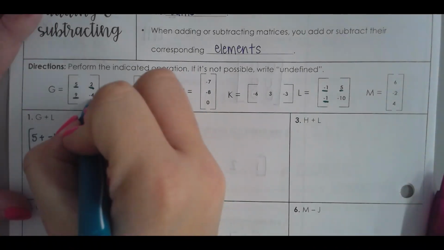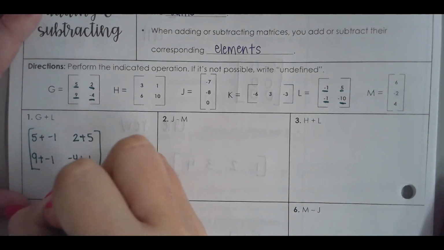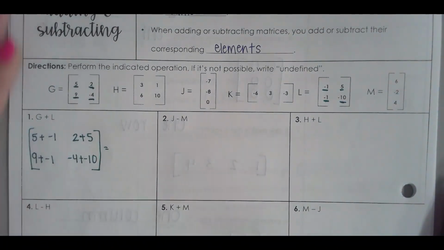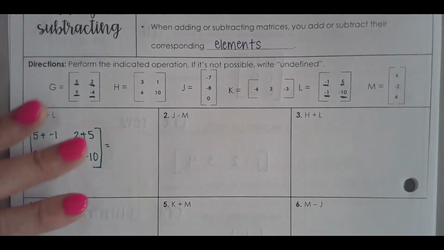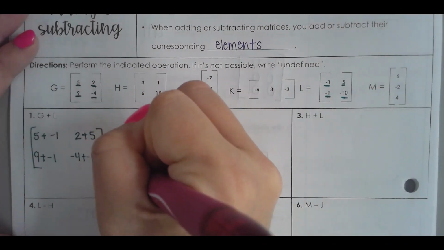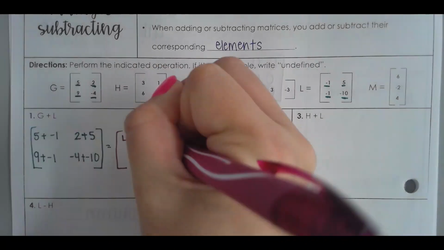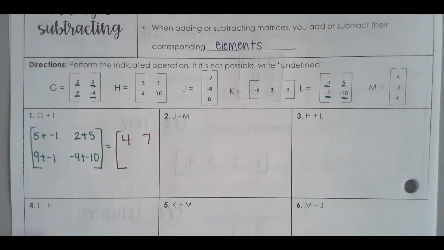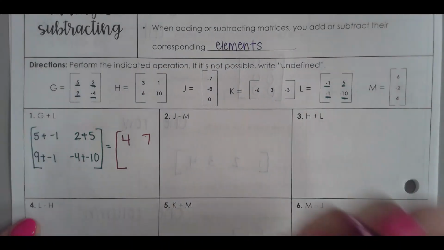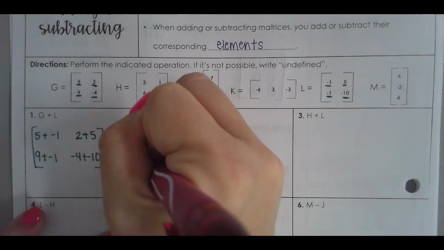And -4 and -10. What's 5 plus -1? 4. 2 plus 5? 9 plus -1? Yeah. -4 plus -10 is what? -14.